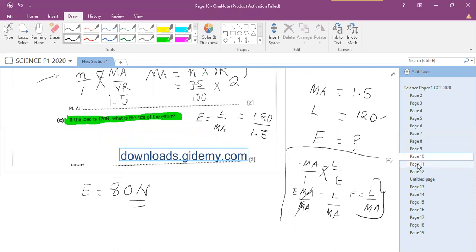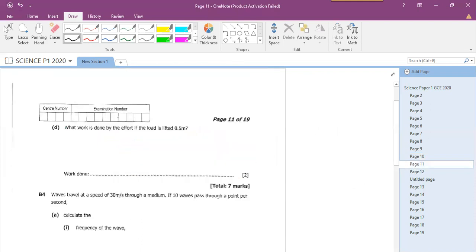This usually has a D part question, all right? So the D part is now saying, this question was a bit tricky. What work is done by the effort if the load is lifted 0.5 meters? So here you've noticed they have added a distance.